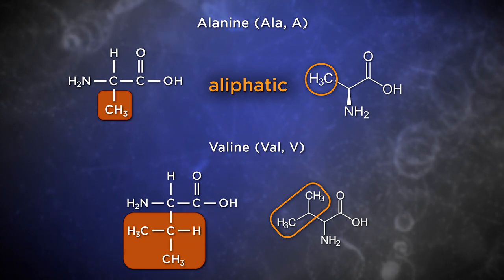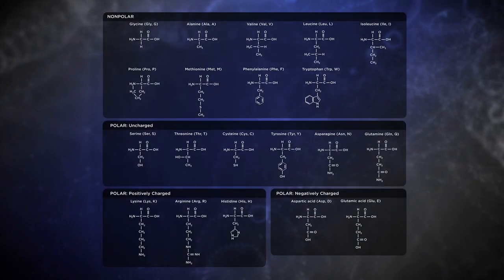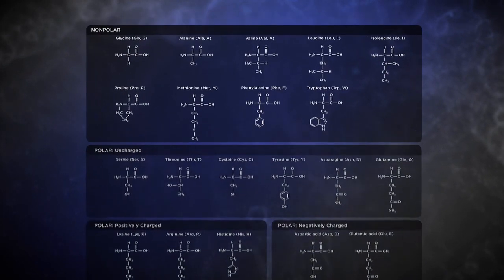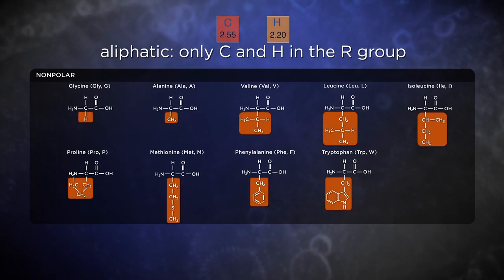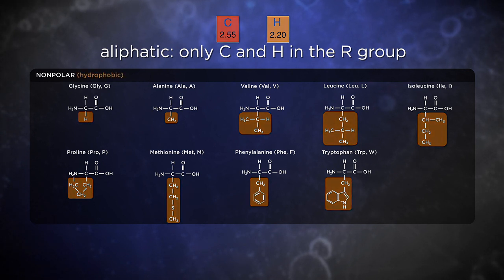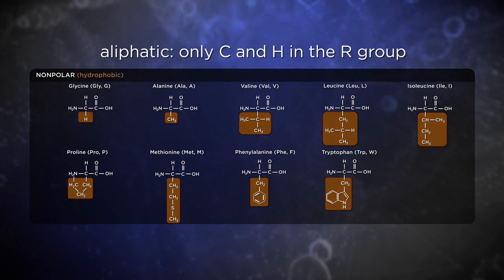Want to know the properties of a specific amino acid? It's simple. Look at the R group. Aliphatics have only carbons and hydrogens, which are so similar in electronegativity that they are nonpolar, meaning that they are hydrophobic. They can't make hydrogen bonds with water, and so they avoid it.